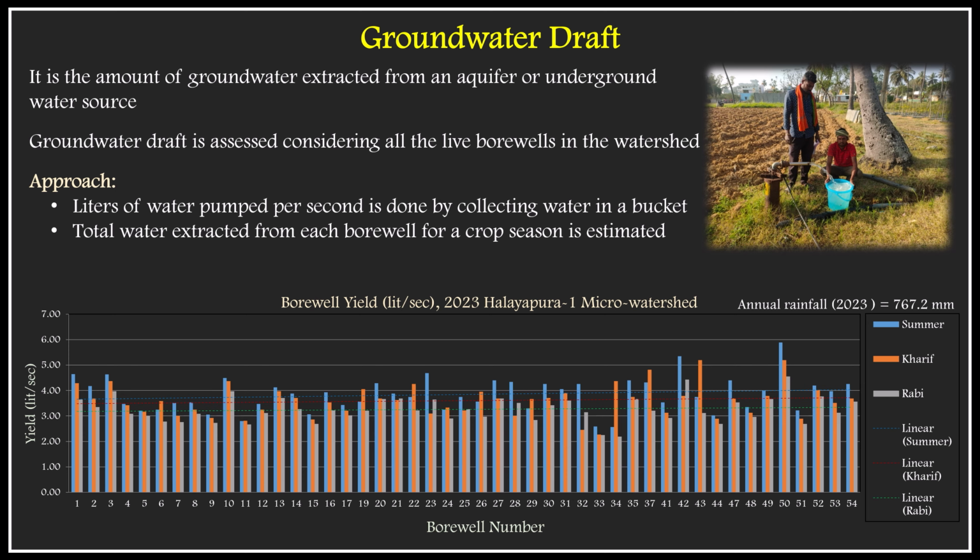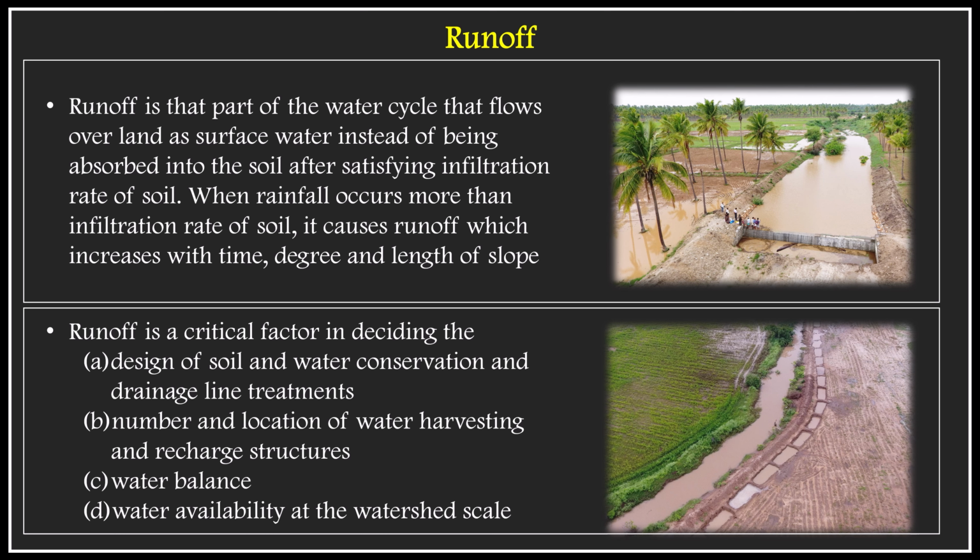Groundwater draft is the amount of water extracted from the borewell, and extraction of water in the existing borewell is depicted in the graph. Runoff is the water that flows over land as surface water.